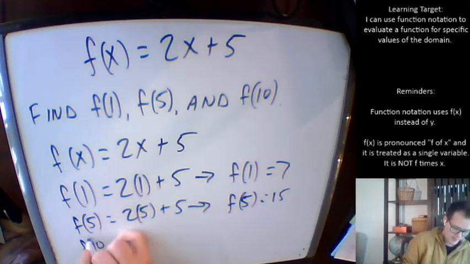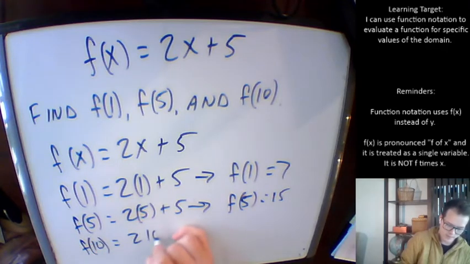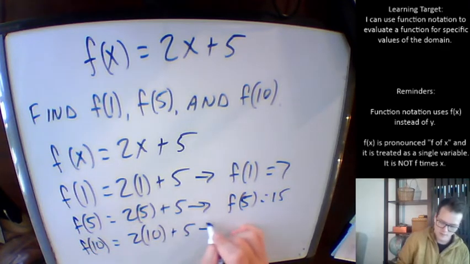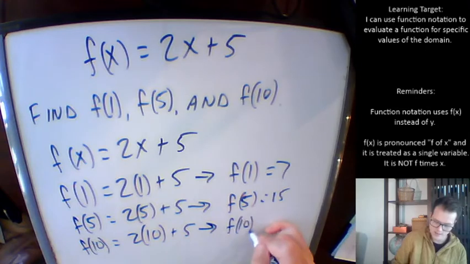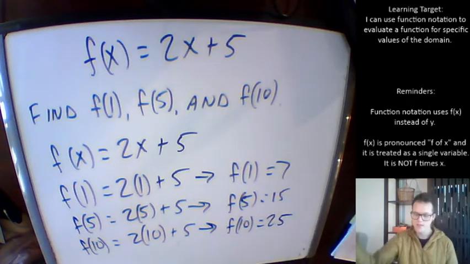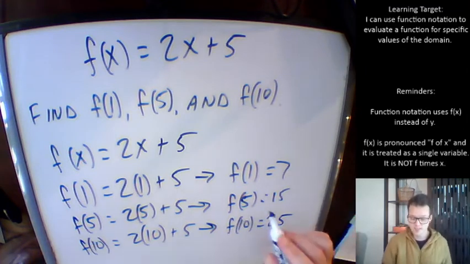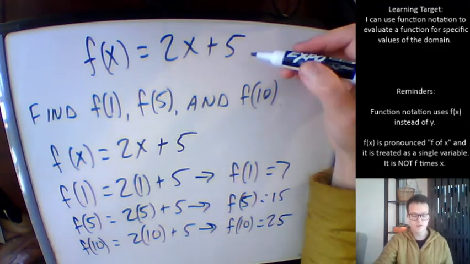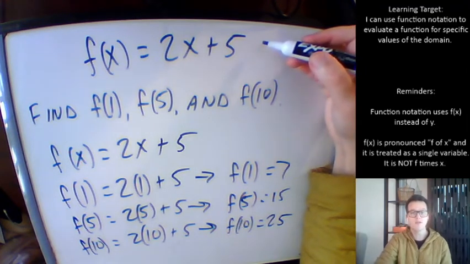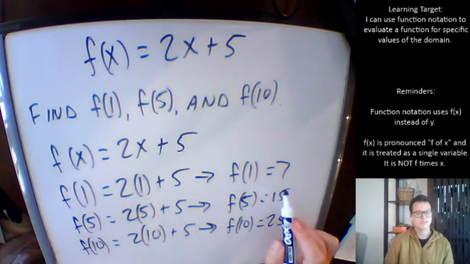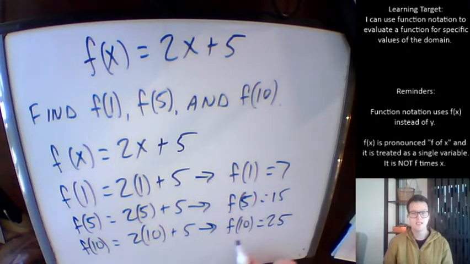Lastly, we have f of 10. So 2 times 10 plus 5, we learn that f of 10 equals 25. And here are our solutions, and this is how we would talk about those solutions. We'd say, if we're given this function, f of x equals 2x plus 5, then we know that f of 1 is 7, f of 5 equals 15, f of 10 equals 25.